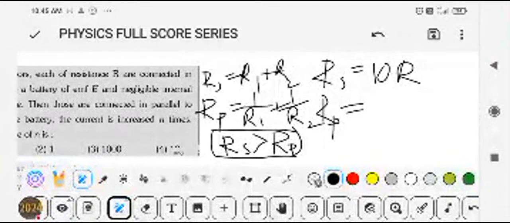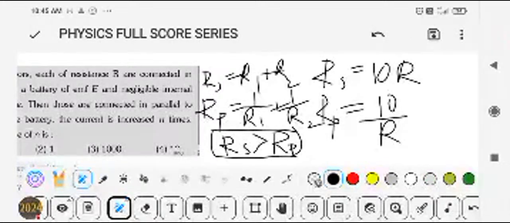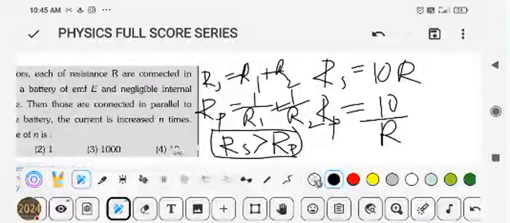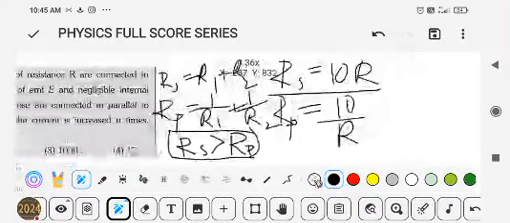If you do that, the answer will be 10 by R. Finally, they are asking how many times the series resistance is compared to the parallel. The easy way to find that is to divide Rs by Rp.